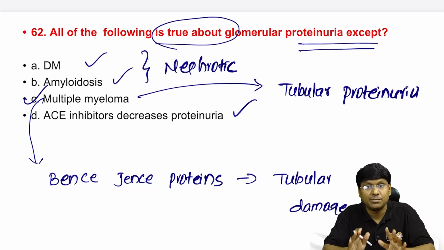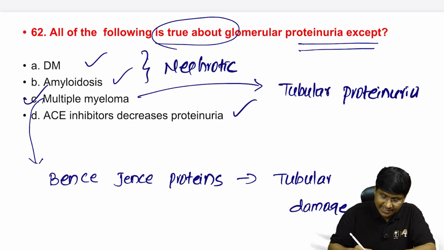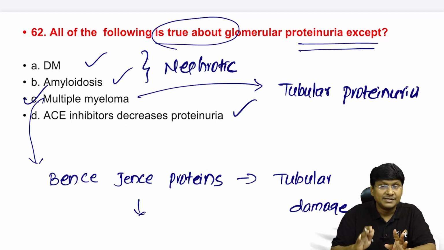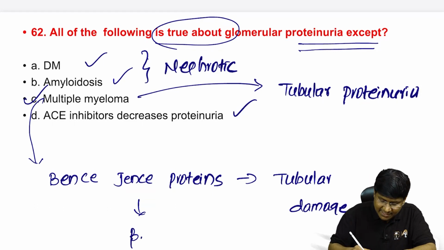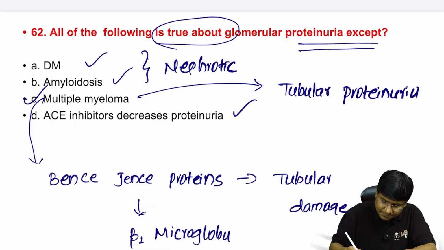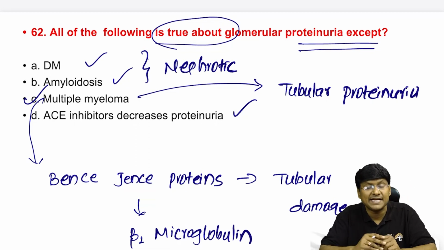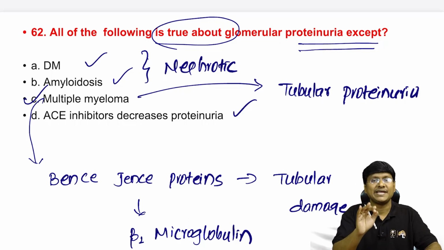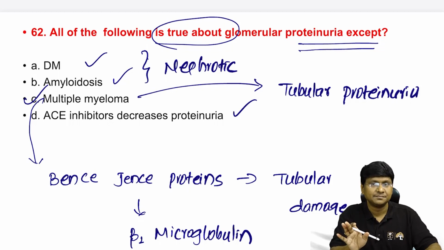And in case of multiple myeloma, there are increased beta 2 microglobulin levels within the urine, and the presence of beta 2 microglobulin in the urine is a prognostic indicator of kidney function, right?